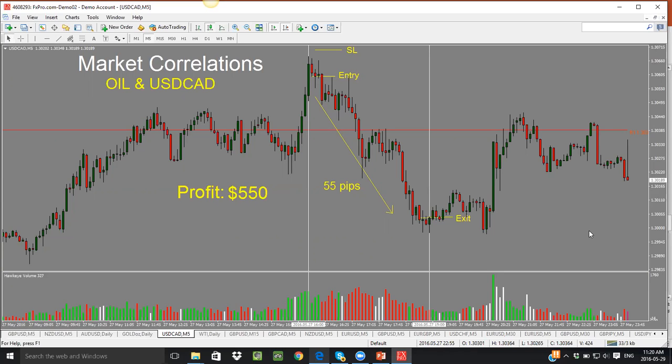Or another thing is, let's say we have some economic news come out, or there is some geopolitical event that happened. In that case, we may also lose these correlations where for a short period of time, the market may just move in completely opposite direction. For example, we have been seeing lately in euro and pound, they are usually two positively correlated currencies.